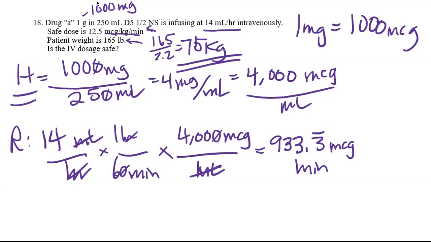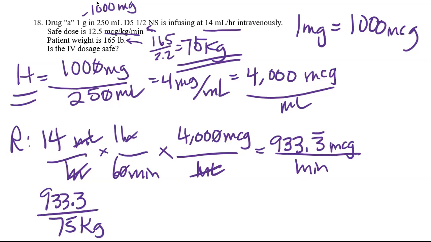Okay, now we need to know the rate. We need to divide it by 75. Okay, so we take 933.3 divided by 75 kilograms, because we want to know how many micrograms per kilogram per minute it is. So we need to know that. We need to divide that by 75 kilograms.